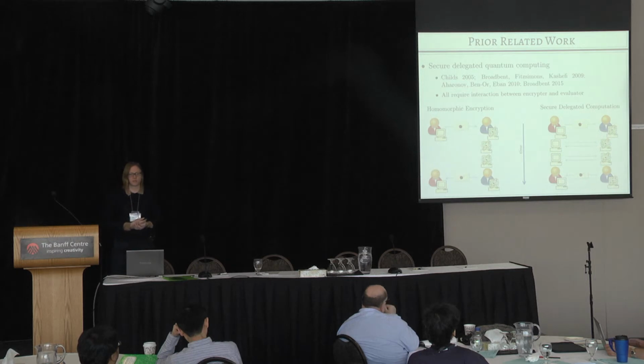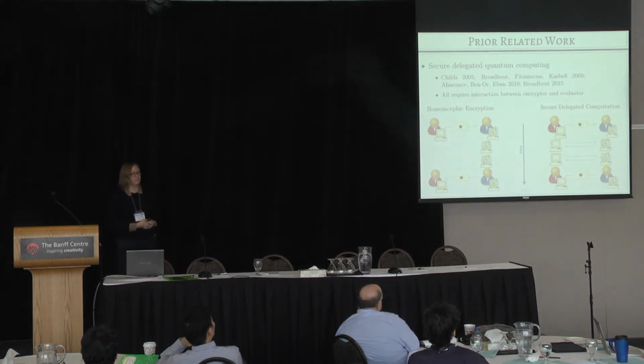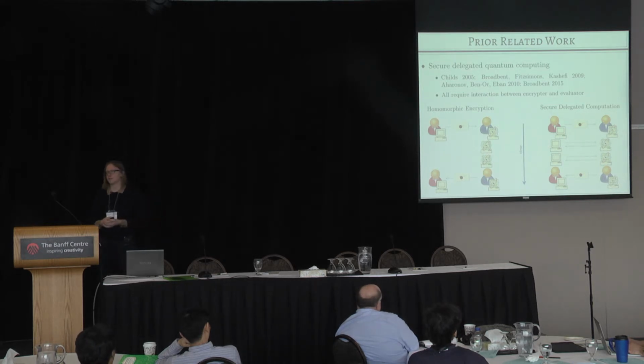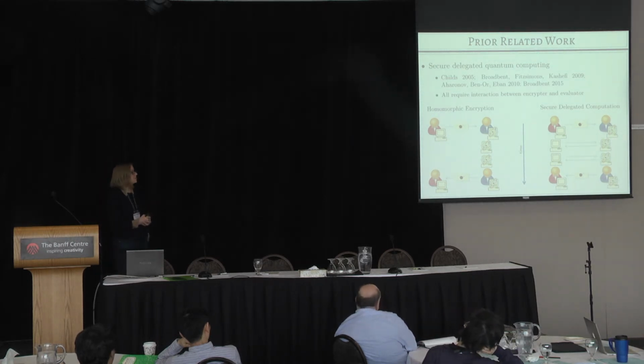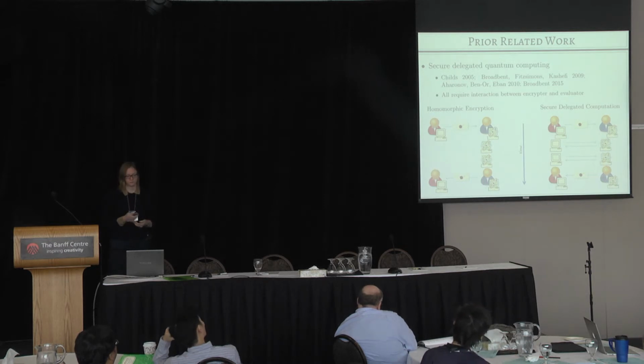And another thing that I'll mention is, although homomorphic encryption has a lot of potential for delegated computation, it's not built into the definition that Alice, the encryptor, has less quantum power than Bob. So it would, of course, be really nice if a classical Alice could encrypt a message and have Bob do some quantum computations and give her back some classical message, but that's not actually required in the definition of quantum homomorphic encryption.